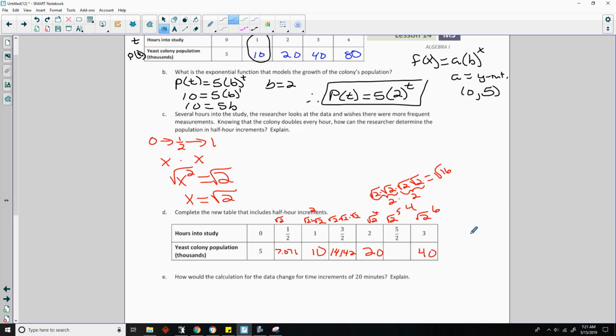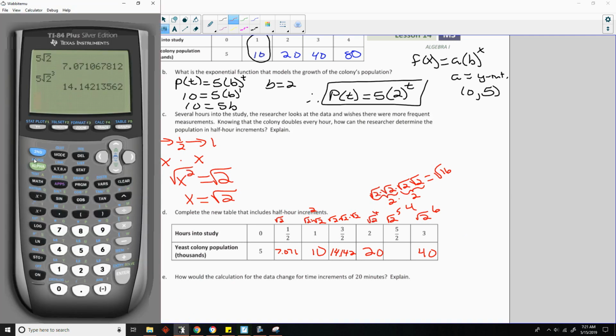Okay? So now I go to my calculator, and I do 5 square root 2 to the 4th, and hit enter, and I got 20. And then I do 5 square root 2 to the 5th, and I get 28.284.